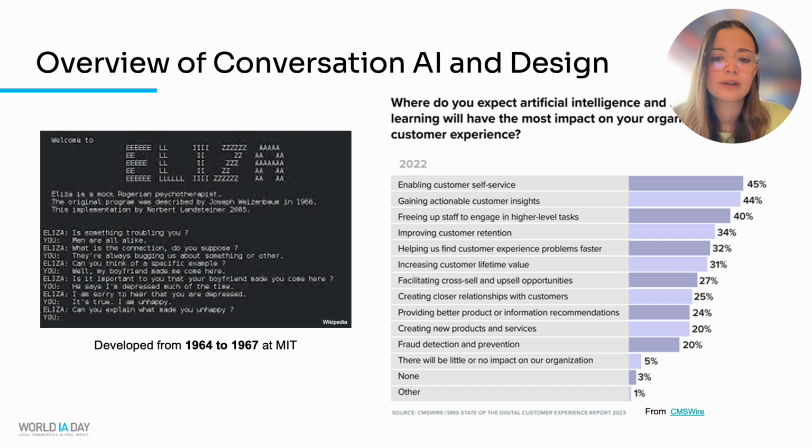And on the right here, you can see a survey that was done where companies were asked, where do you feel that artificial intelligence would have the most impact? So this is for customer experience. And you can see it has a lot of benefits. This is specifically around chatbots and conversational AI. But for companies, it's very valuable because now a lot of customer service is done with chatbots.